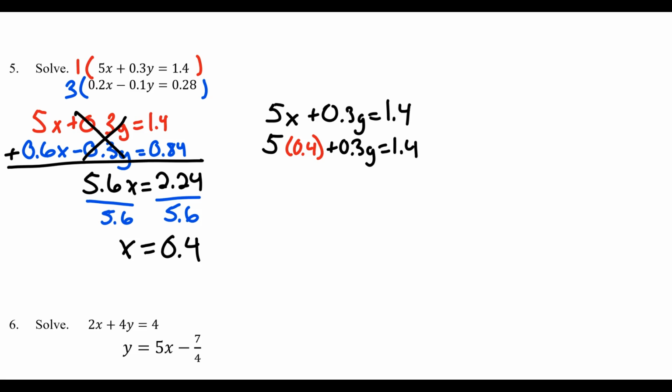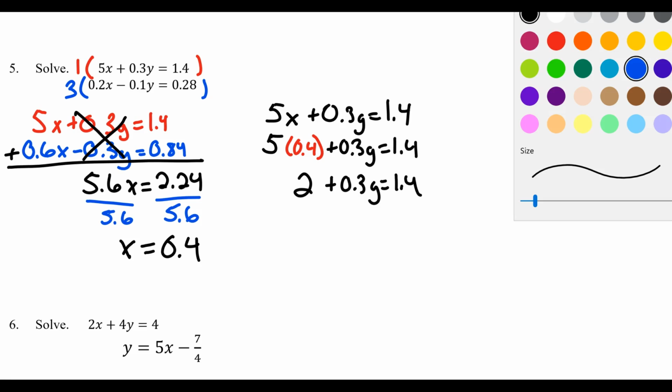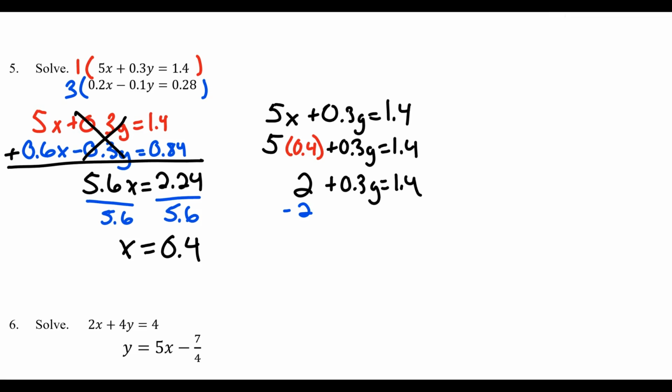So 5 times 0.4 gives me a 2. Plus 0.3y is equal to 1.4. I'm going to subtract my 2 from both sides, and that's going to give me 0.3y is equal to a negative 0.6.